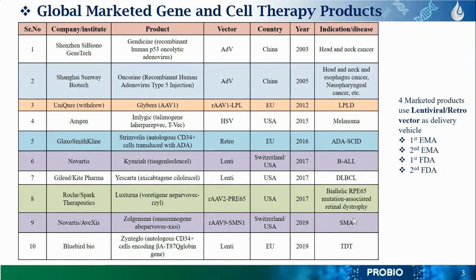Recently, a few companies, for example Bluebird, Kite Pharma, GlaxoSmithKline, and Unicore, have been approved by the US FDA, relatively in 2017 and so on, and also by the European Medicines Agency.